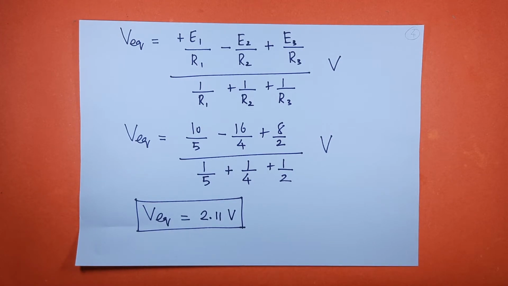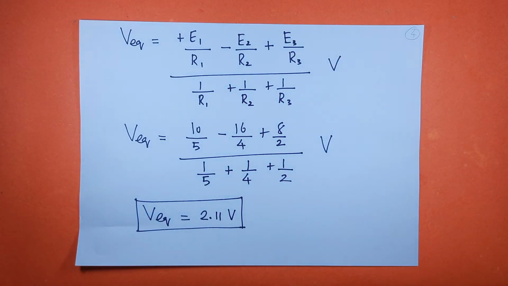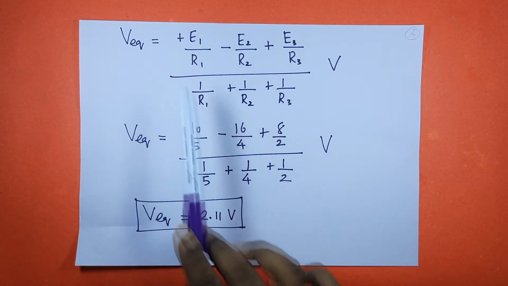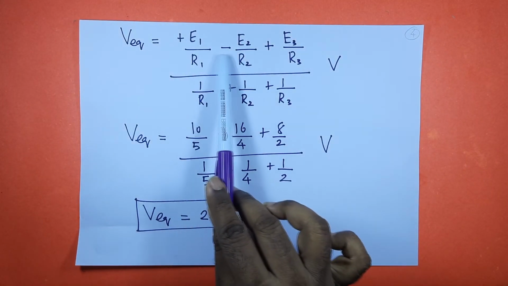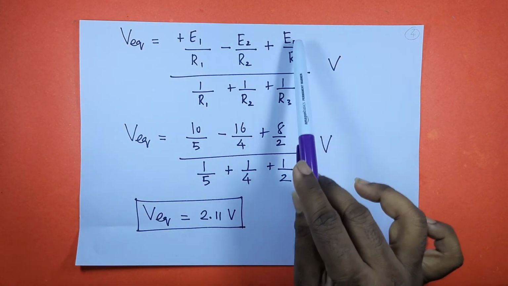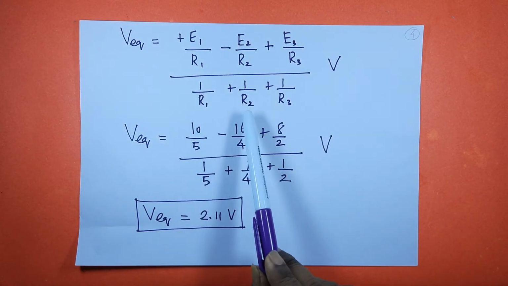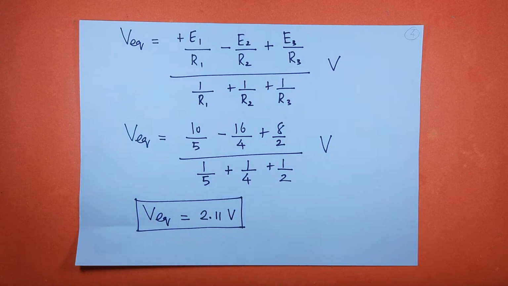So V equivalent equal to plus E1 by R1 or V1 by R1, it doesn't matter. So plus V1 by R1 minus V2 by R2 plus V3 by R3 divided by 1 by R1 plus 1 by R2 plus 1 by R3. So now substitute the values for V1, V2, V3.